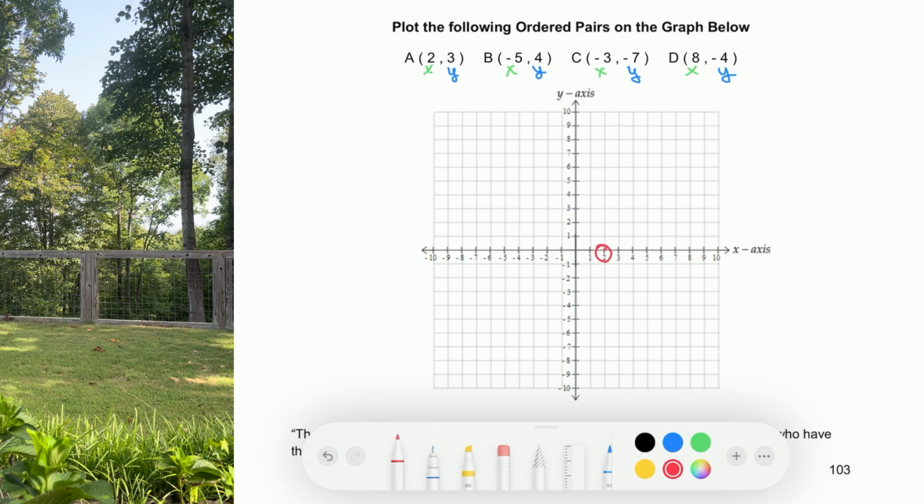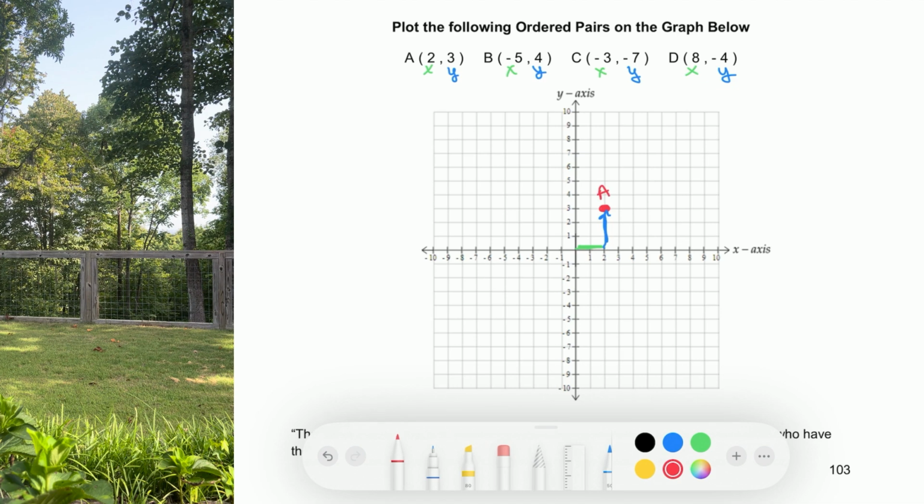Here's my 2. From that location, I'm now going to find my y, which is 3. So I'm going to go up 3. So I'm right here, okay? So we went this direction 2, and then we went up 3 to find our coordinate A.